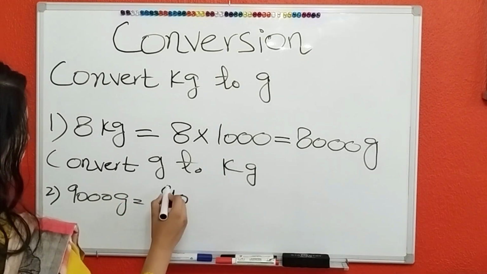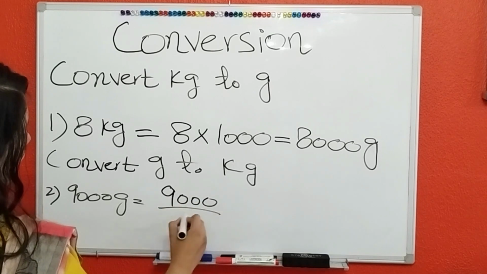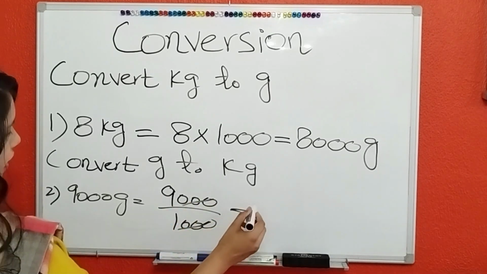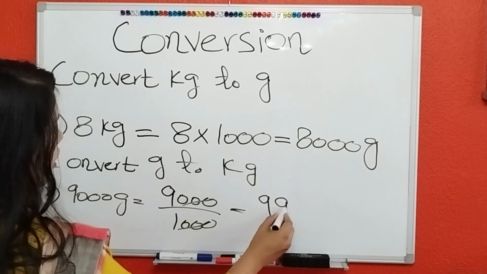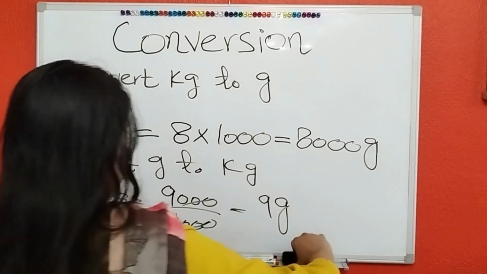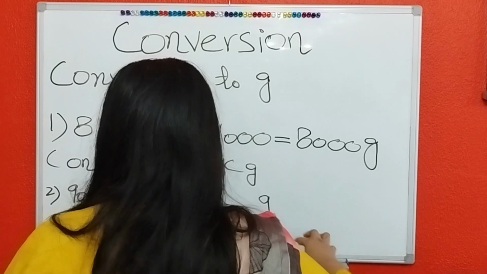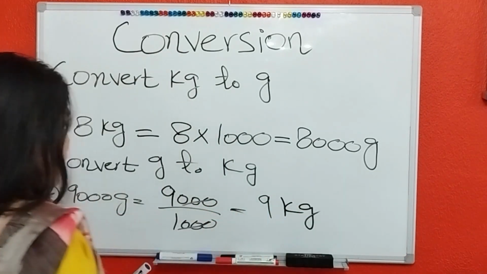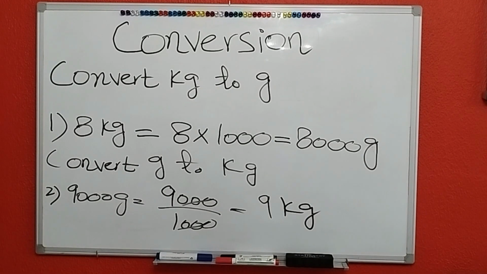So 9000 divided by 1000, what will I get? 9 kilogram. So students, you can see it is very easy to convert a kilogram to gram and gram to kilogram. Sorry, I wrote here g, it's not g, it's kilogram. I hope you understand it very well.